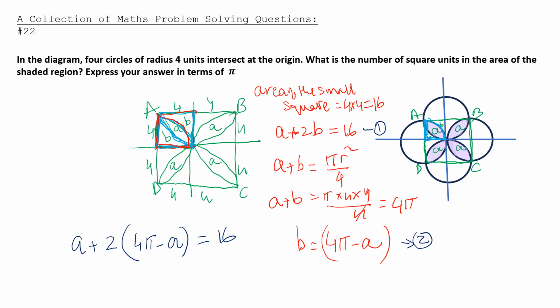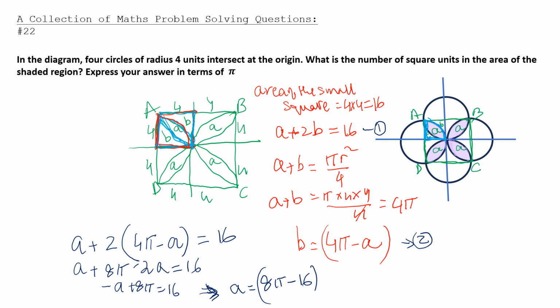Or I can write this as A plus 8 pi minus 2A equals 16, and minus A plus 8 pi equals 16, and that implies that A equals, changing sides, 8 pi minus 16.